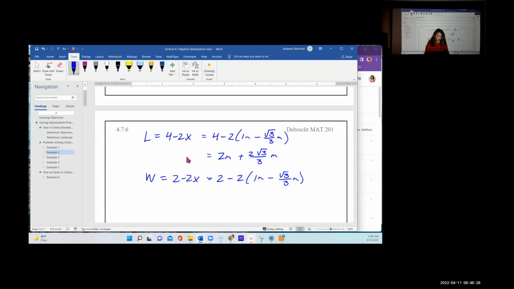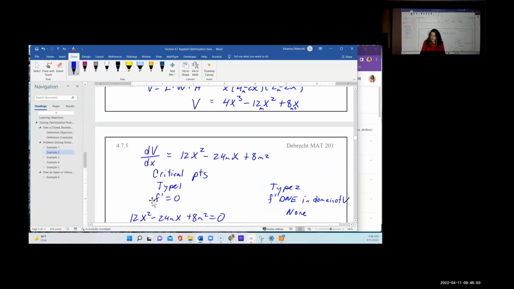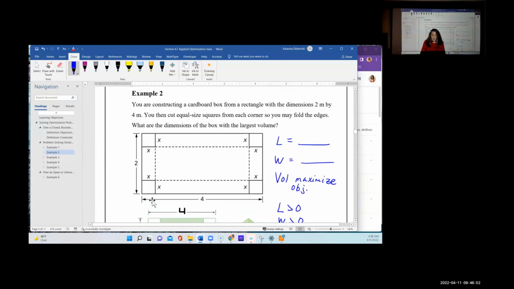And then we get just the 2 square root of 3 over 3 meters, right? And that is all that we were looking to find. Now, if we wanted to find the volume, we could take that value, and the value of x, and multiply them together, and that would give us the volume. But we were not asked to find the volume, so we do not have to get the volume.